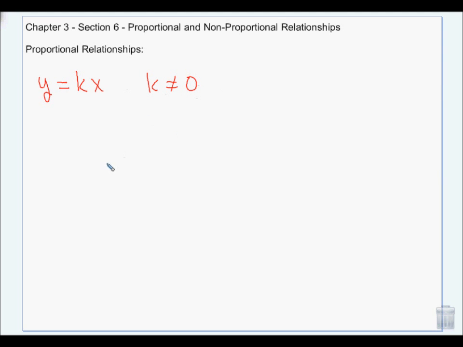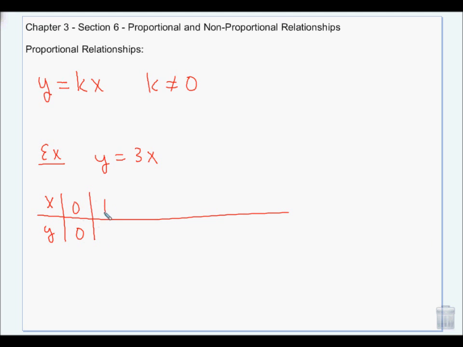For example, y equals 3x. If I plug in 0 for x, I get 0 for y. If I plug in 1 for x, I get 3 for y. 2 for x, 6 for y, 3, 9, etc. Every x I plug in, I multiply by 3, and that gives me the y.